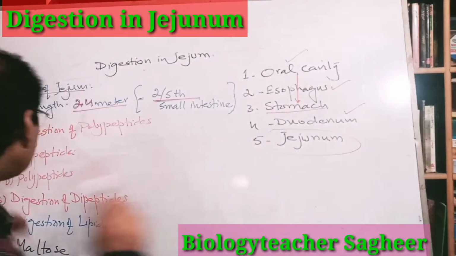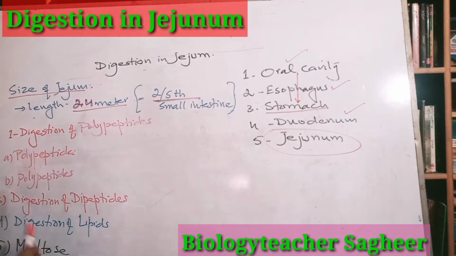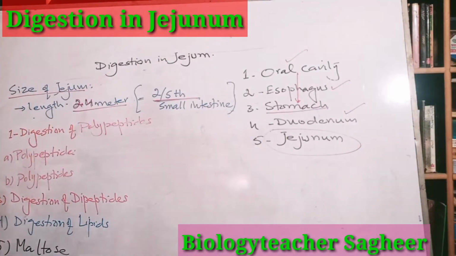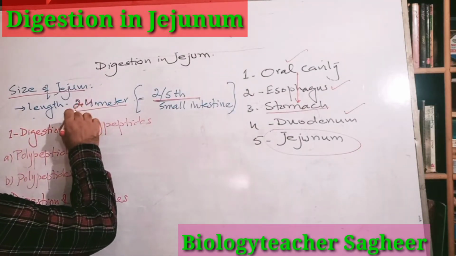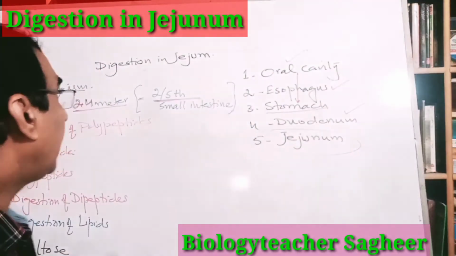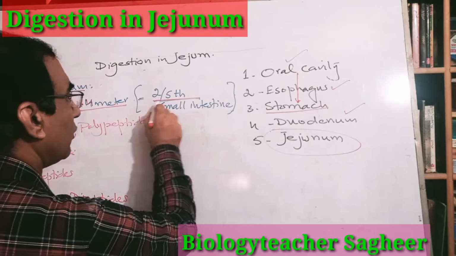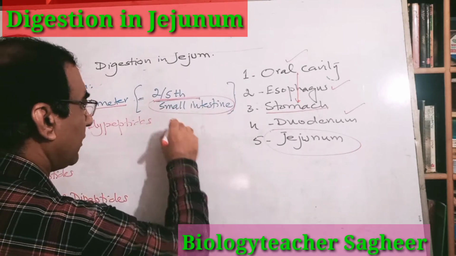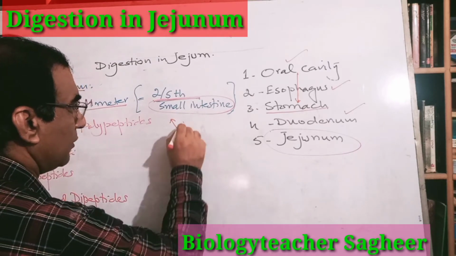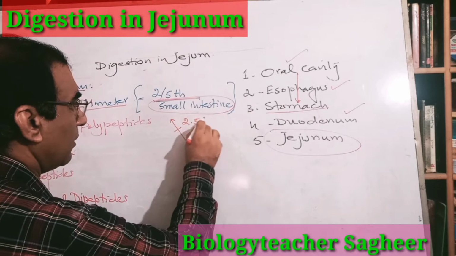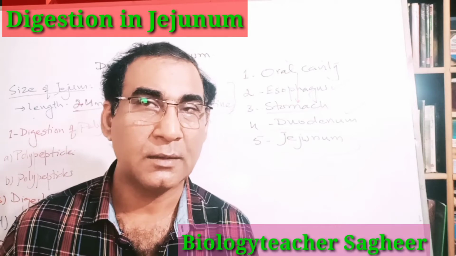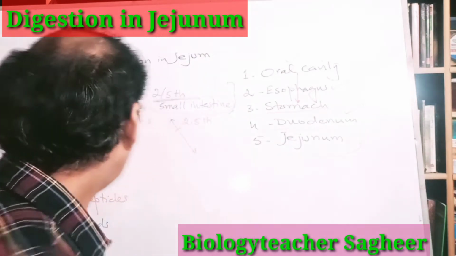As far as the size of the jejunum is concerned, it is 2.4 meters in length. If you divide the whole length of the small intestine, two-fifths of the small intestine is constituted by the jejunum.